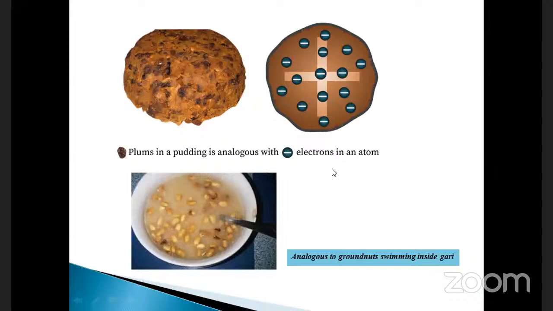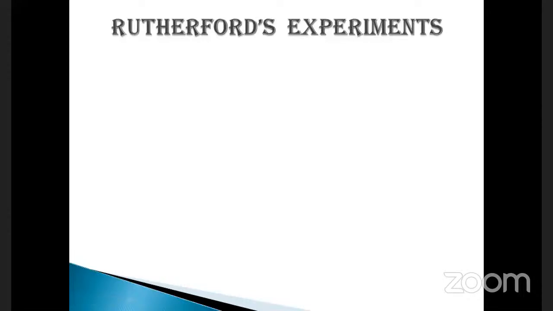So to ascertain this, people carried out experiments, and one of the experiments to ascertain the model, or the constituents and arrangements of the subatomic particles, was done by Rutherford.